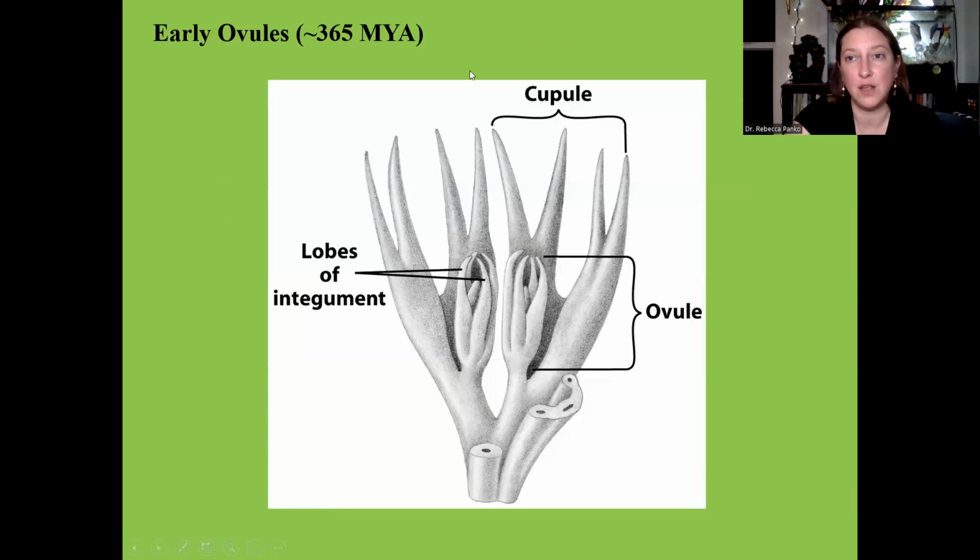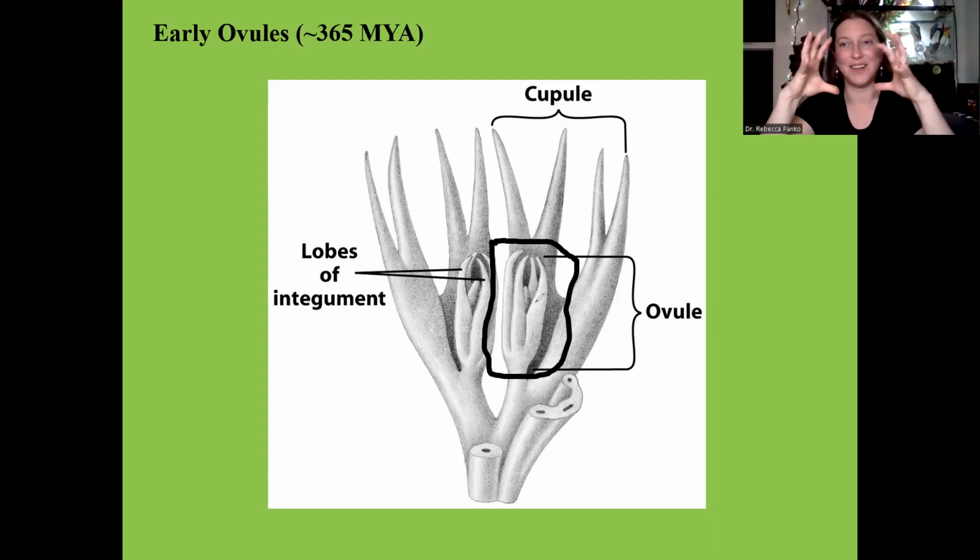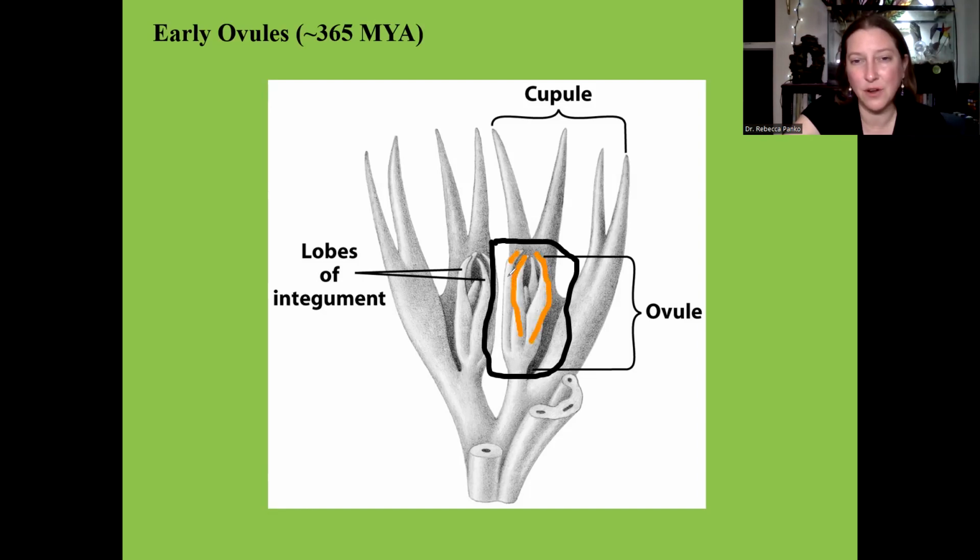Initially, when we do see early ovules in the fossil record, they look kind of like this. That's one ovule that I just circled. One thing you might notice is it's not completely closed in. You have these little finger-like things, but they're not fused together like this.